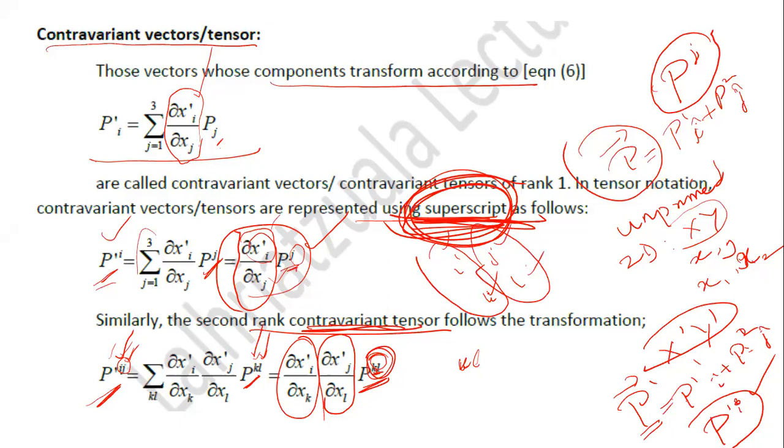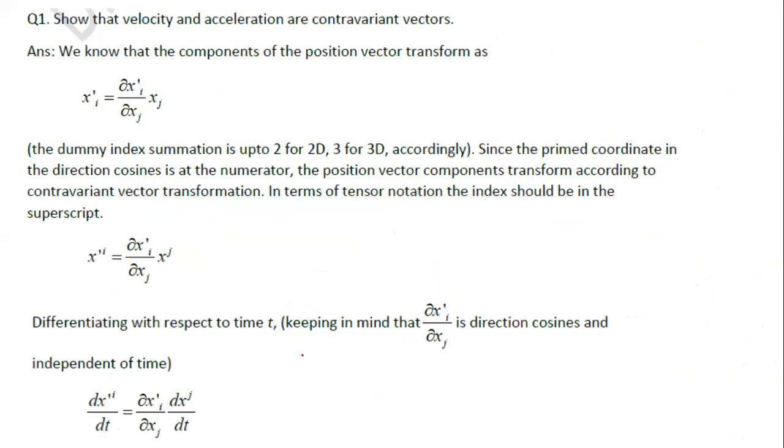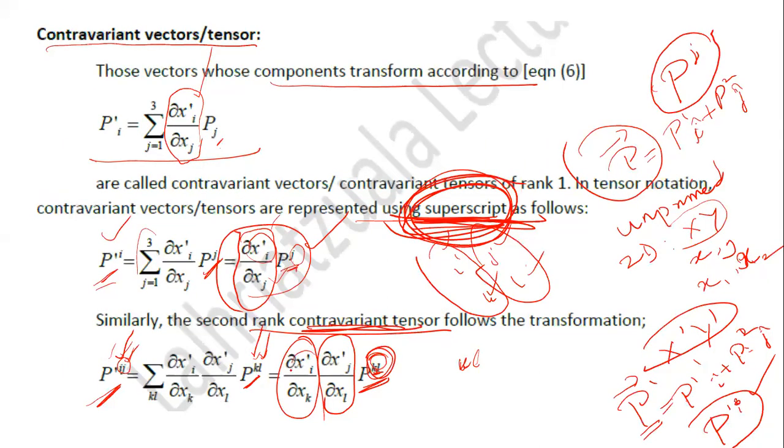So therefore, for this to be a contravariant tensor, the direction cosines or the partial derivatives have to be such that the prime coordinate variable, del xi, I is the prime coordinate variable, right? Del xi prime is in the numerator, del xk is in the denominator. So this shows that I and k are the contravariant indices, because the prime coordinate variable is in the numerator and unprimed is in the denominator.